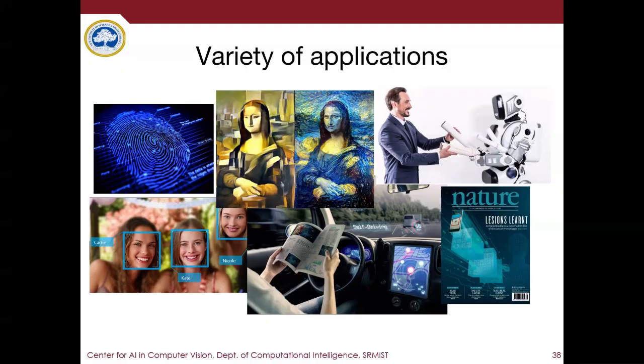Today we are going to see how we can use this knowledge of computer vision and advanced deep learning techniques for applications in robotics. You can use it in robotics and in self-driving cars. The potential is very, very immense, and you can use it in various fields.